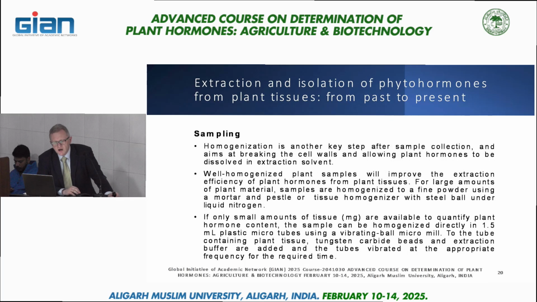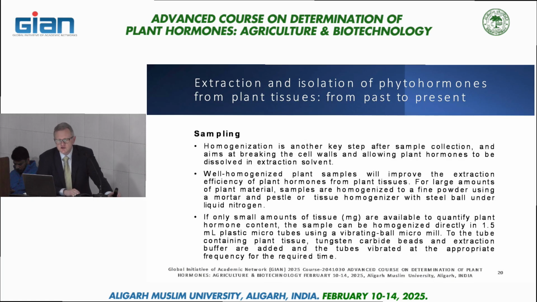Once plant samples have been properly collected and stored, the next important step is homogenization. This process involves breaking down the plant tissue to release phytohormones, making them accessible for extraction. Proper homogenization ensures that hormones are uniformly distributed within the sample and improves extraction efficiency.